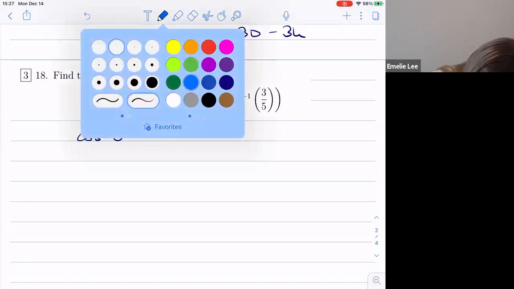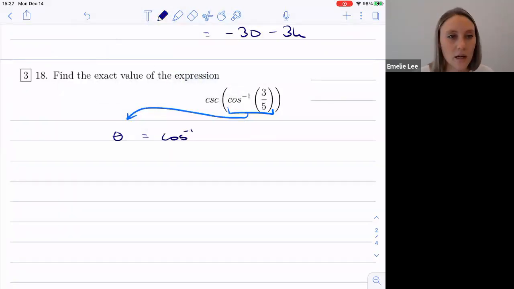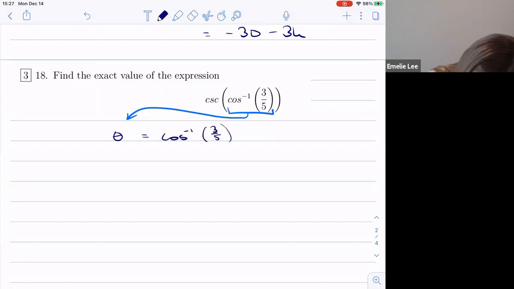I'm going to say theta is going to be the inverse cos of 3/5. Okay. So my first step is going to be to let theta be the inverse cos of 3/5.